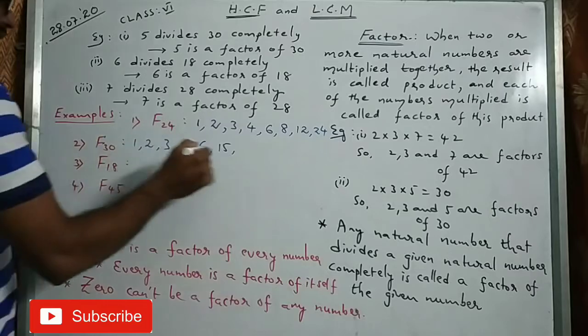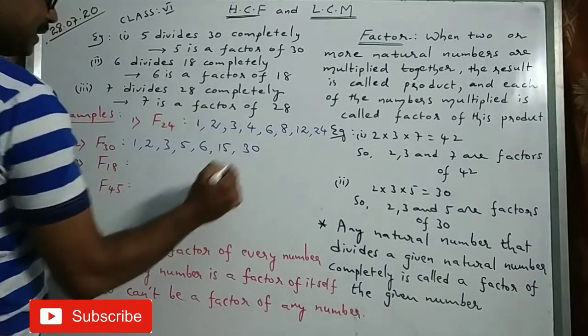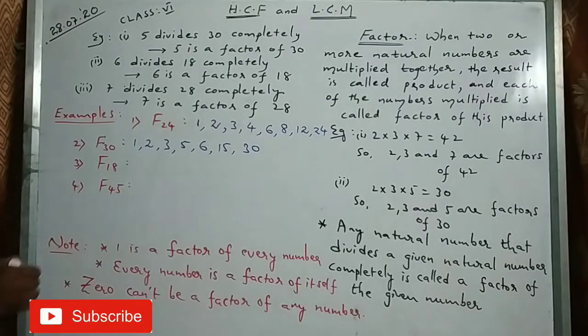Last comes 30 1s are 30. So these are the factors of 30.